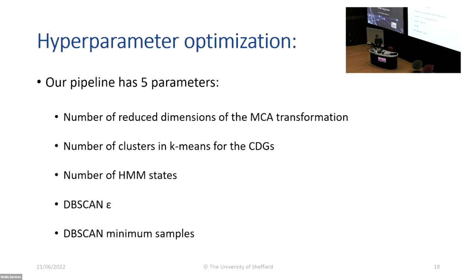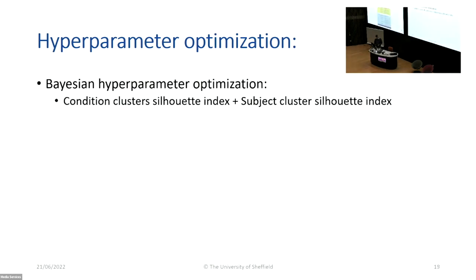The whole pipeline contains a number of parameters that need to be pre-specified: the number of dimensions in the MCA transformation, the number of k-means clusters, the number of hidden states, and 2 parameters for the DBSCAN clustering. To decide on the specific set of parameters, we use Bayesian hyperparameter optimization, and we aim to maximize the silhouette indices of the subjects and the condition clusters.